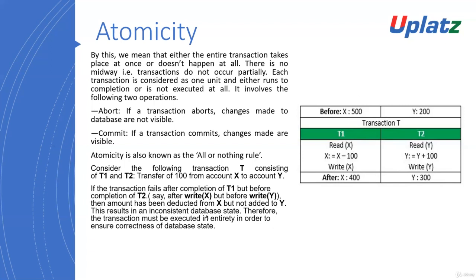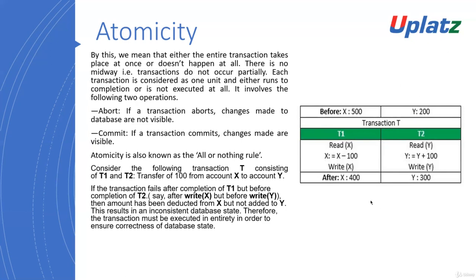Otherwise, this results in an inconsistent database state where X has 400 rupees and Y has 200 rupees. That is, if my transactions are committed partially, that will not happen in a database. Therefore, the transaction must be executed in entirety in order to ensure correctness of the database state. So either complete all the transactions or do not execute anything.